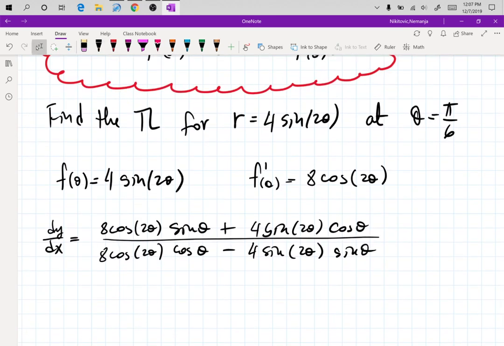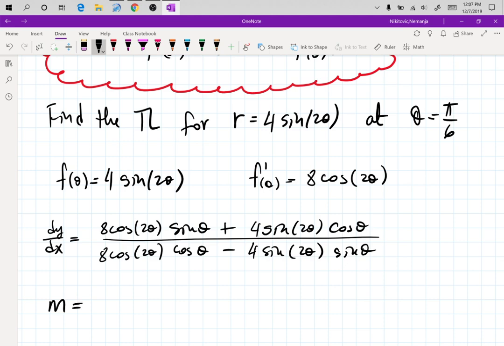These look like the identities for sine and cosine. Now plug in pi over 6.